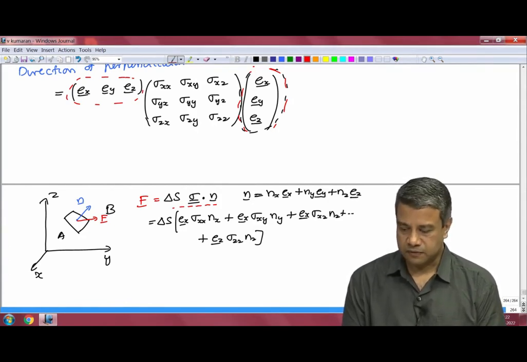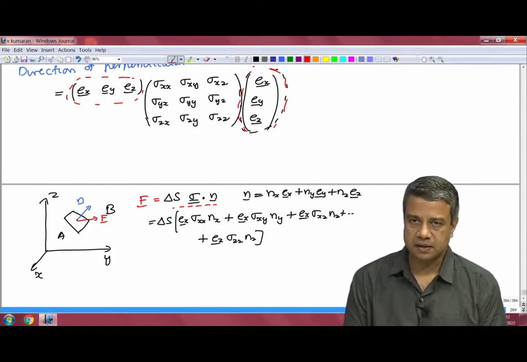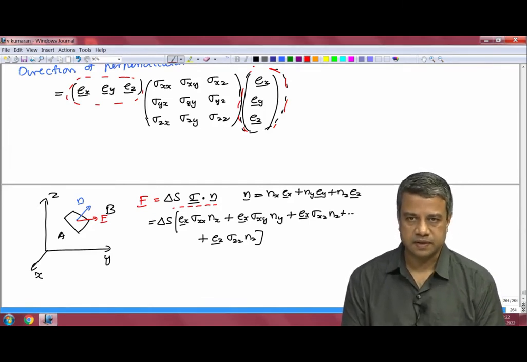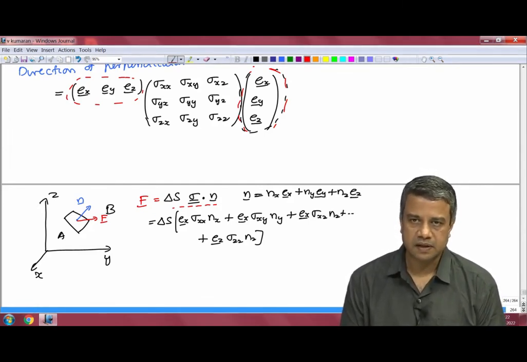The direction of the force does depend upon the orientation of the surface. However, the components of this stress tensor, these 9 components, do not depend upon the orientation of the surface. They are uniquely specified at each point.